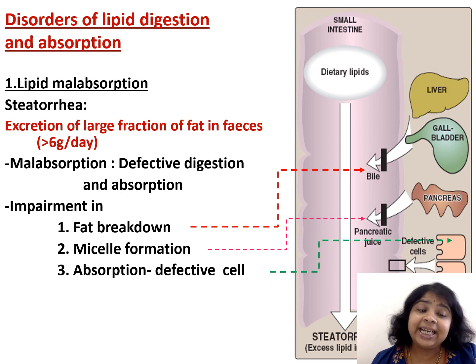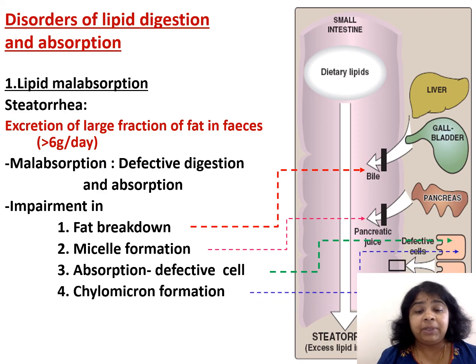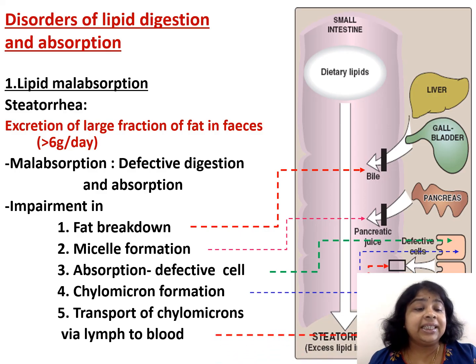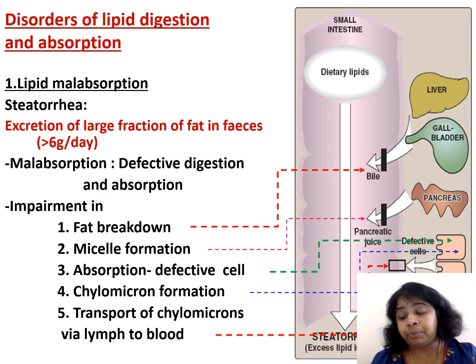Or the cell itself is defective and is unable to absorb. Or the cell has absorbed but it's unable to synthesize chylomicron and transport this absorbed lipids into the bloodstream. So these are the various potential problems that we can have at different levels.